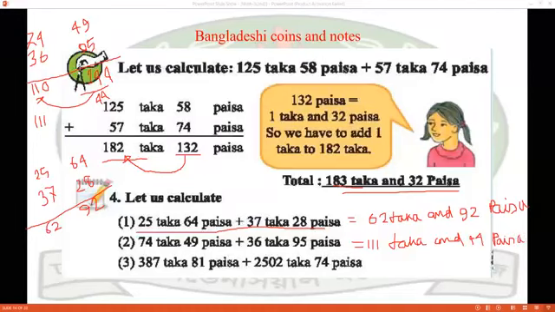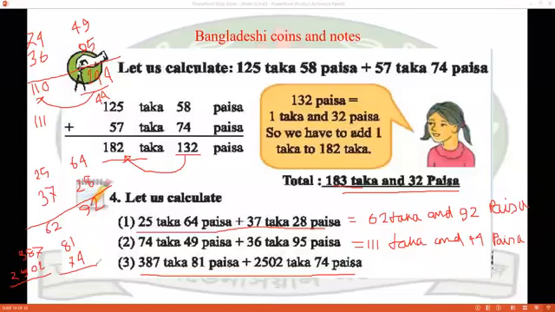In the third one, we see that there is 387 and 2502 taka, and there remain 81 paisa and 74 paisa.